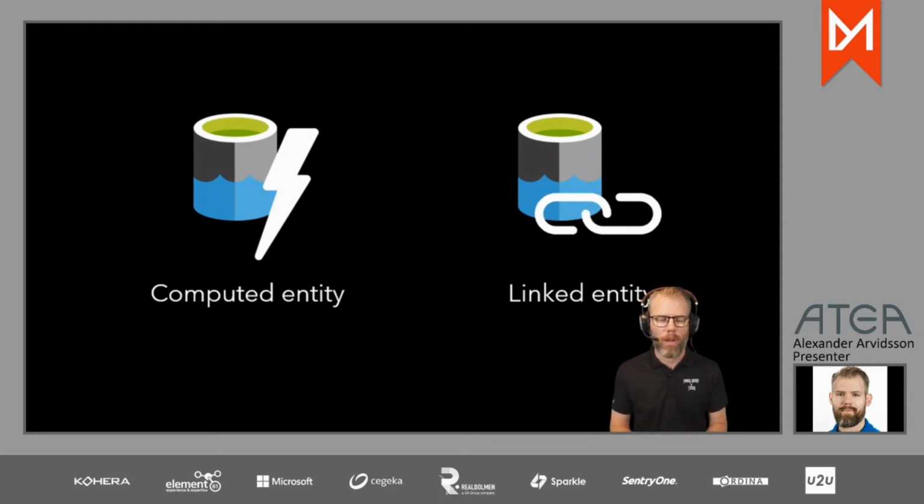This is part of Premium. So it offloads a lot of that work to another engine so that suddenly you don't need to push the data source in a way. So computed entities and linked entities are premium only, as is incremental refresh with data flows. And that is a bit of a bummer, but it is what it is.